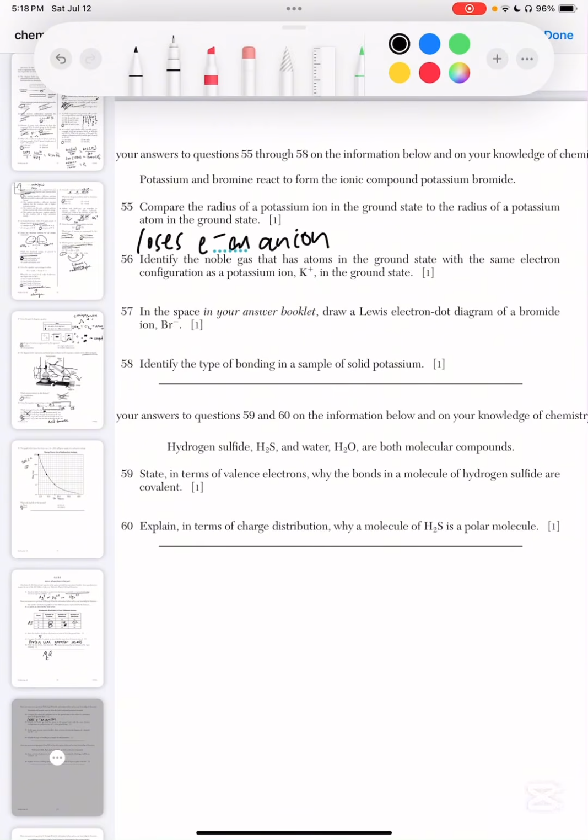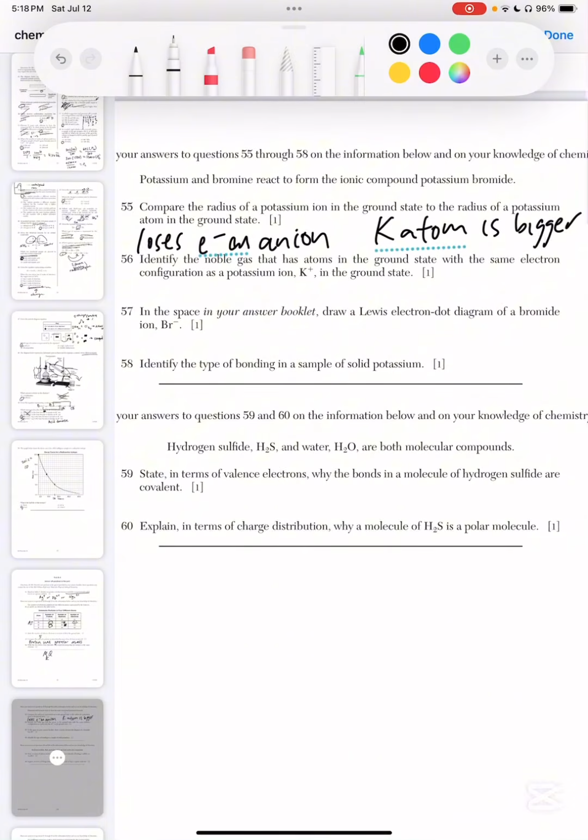Being an alkali metal, if potassium loses 1 electron, it just loses its 4s orbital. It loses its 4th shell, so its size is smaller. So you would just say that the K atom is bigger.